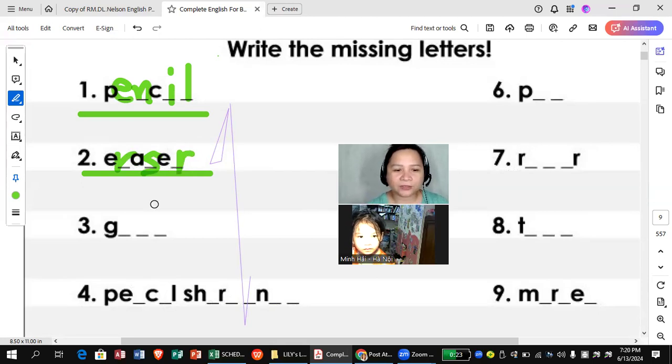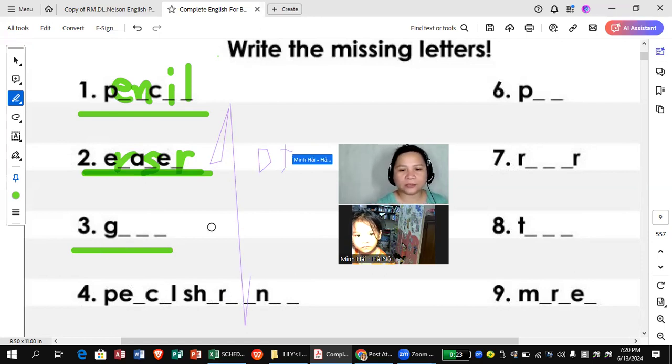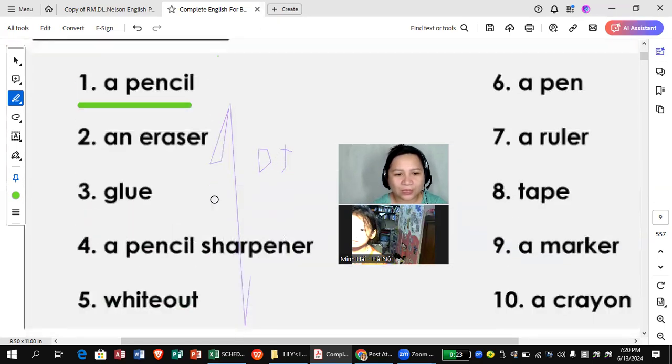Okay, eraser. Okay, for number 3, the word glue. So what are the missing letters? The word glue. No, it's in here.